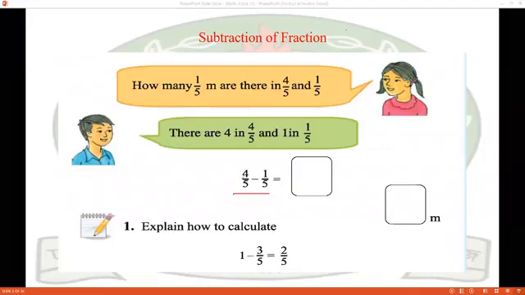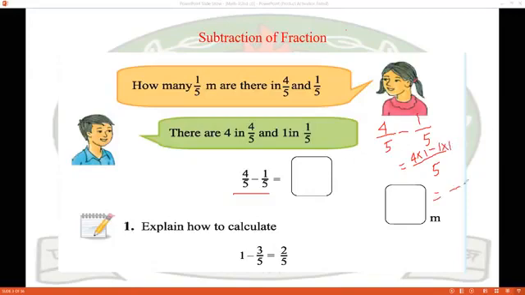We know the common denominator is 5. So we write 5 divided by 5, we get 1. So 4 multiplied by 1, minus 5 divided by 5, we get 1, so 1 multiplied by 1.